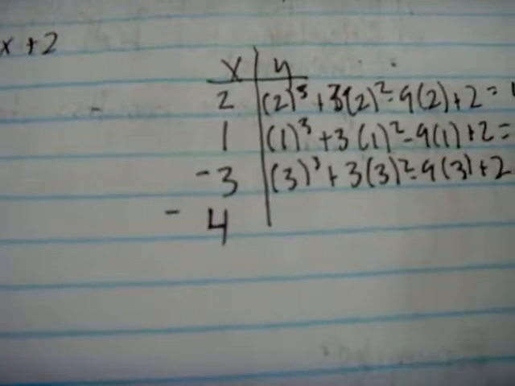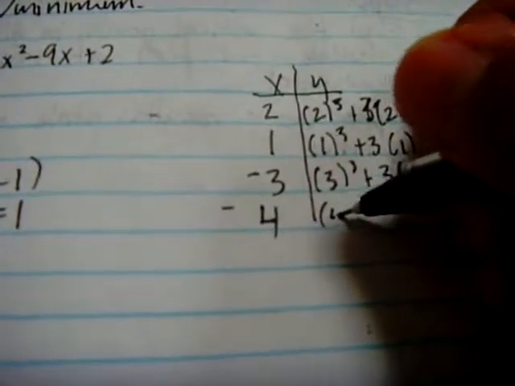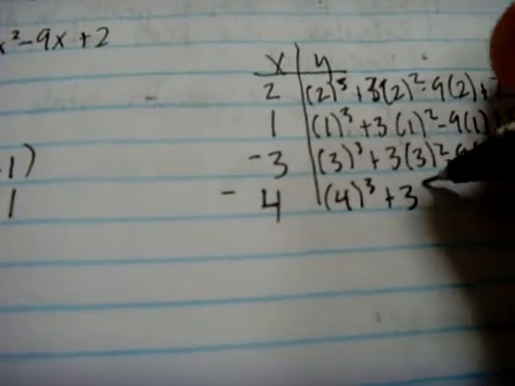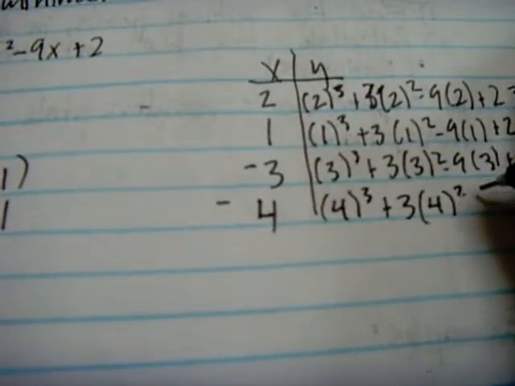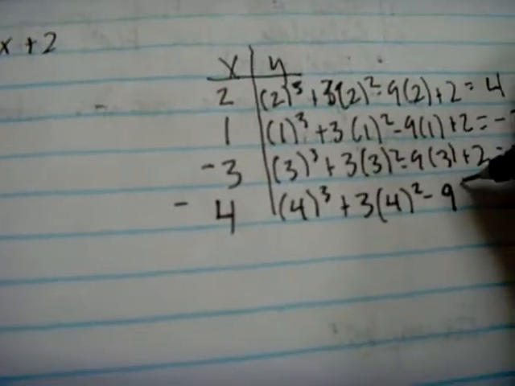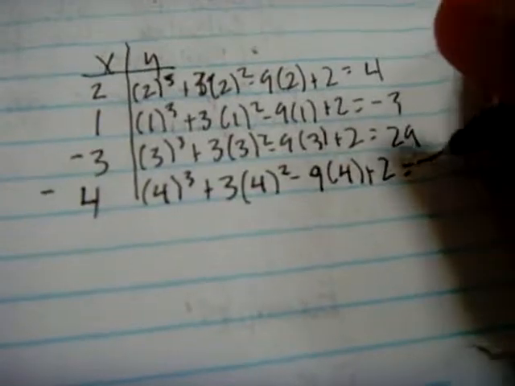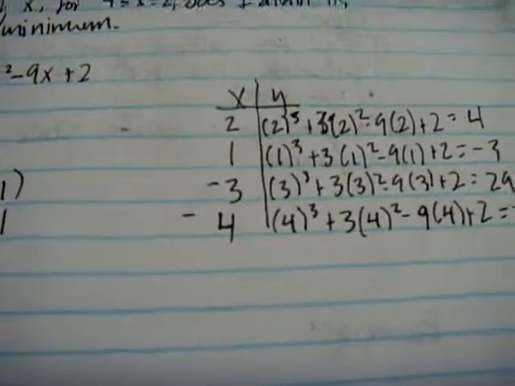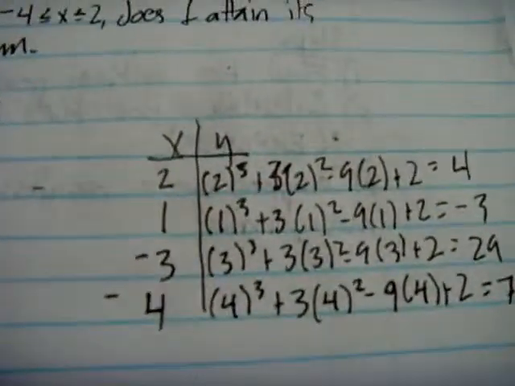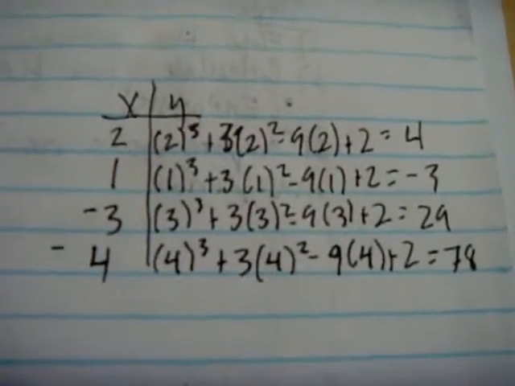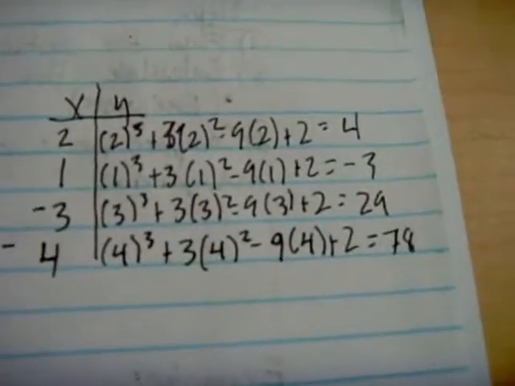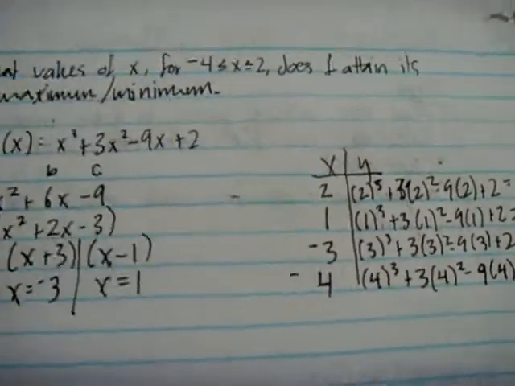Now for 2, equals 29. And for negative 4, equals 78. So now compare your answers and determine which one's your absolute maximum and your absolute minimum.